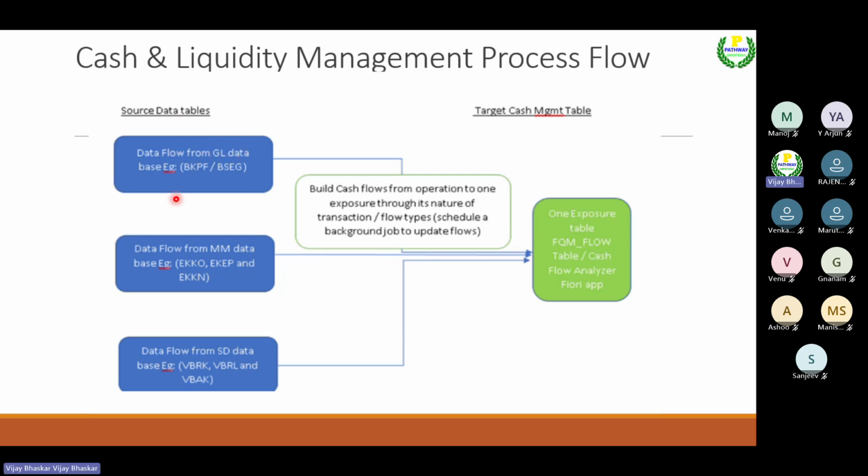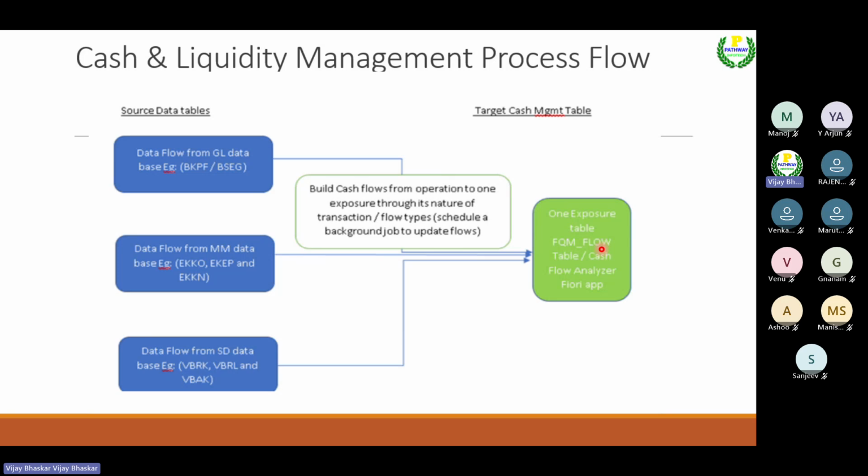Once the data is consolidated, depending on your requirement, the jobs will pull the data and it will be lying in the one exposure.